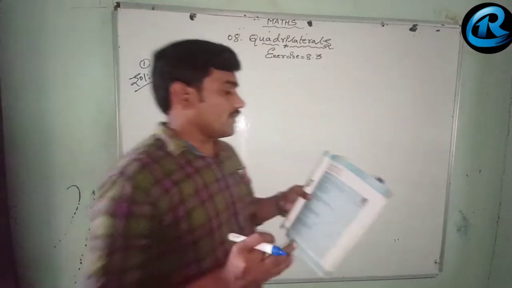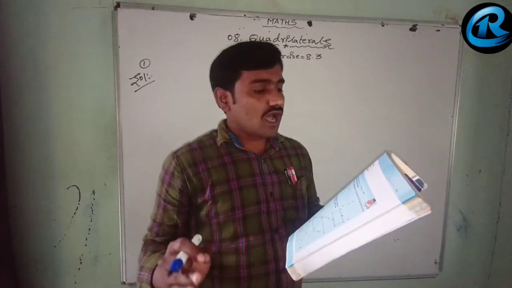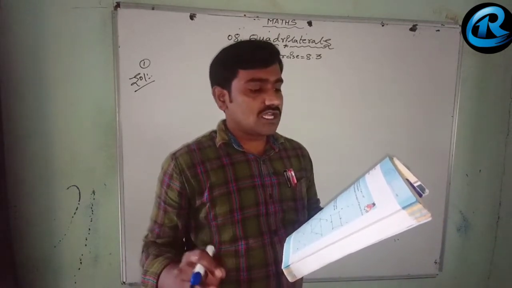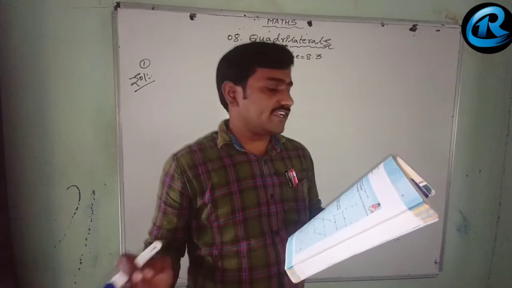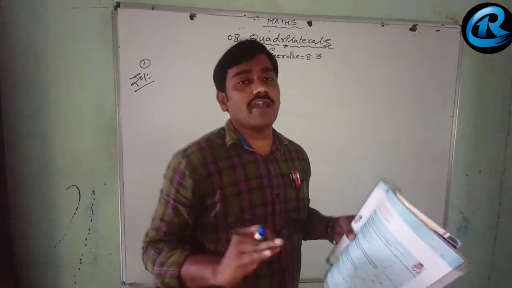See question number 1. The opposite angles of a parallelogram are 3x minus 2 degrees and x plus 48 degrees. Find the measures of each angle of the parallelogram.